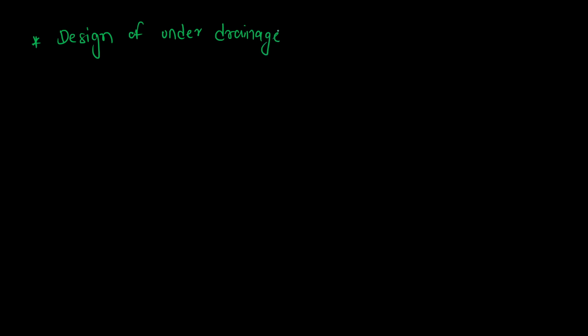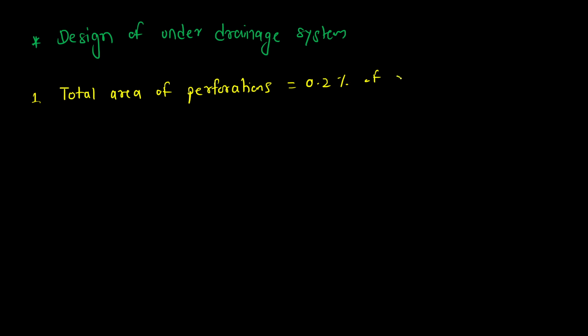The first formula is total area of perforations. Total area of perforations is equal to 0.2% of area of each filter.